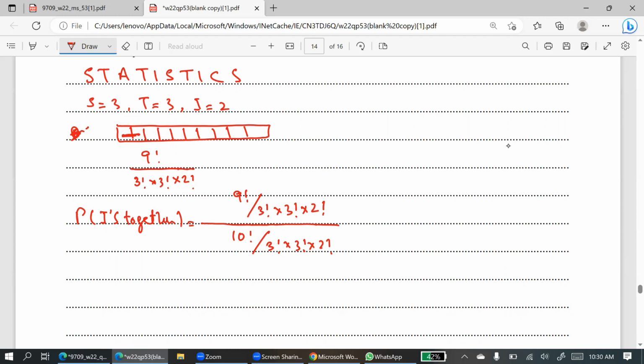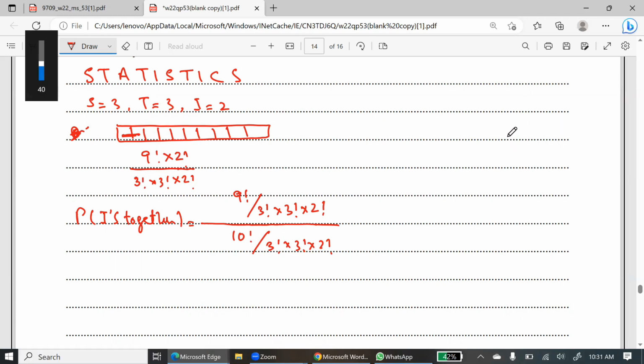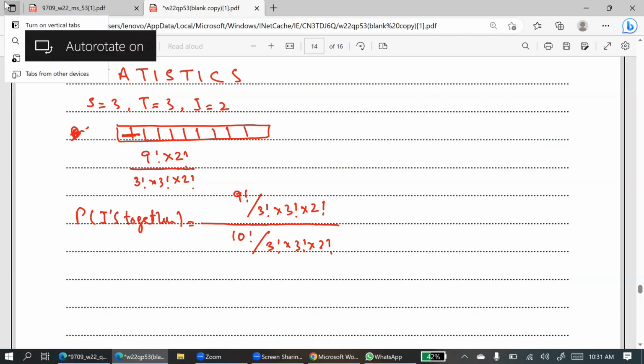I did not understand what 9 factorial means. 9 factorial. Okay. We will also multiply 2 factorial. These two I's can be arranged in 2 factorial ways.